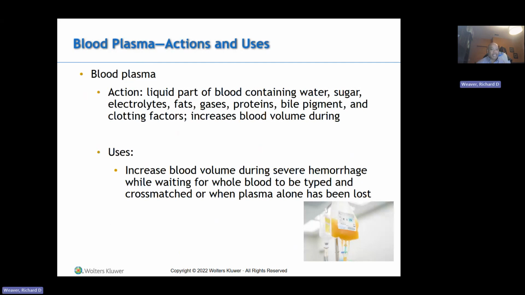Now, plasma administered IV is used to increase blood volume when severe hemorrhage has occurred. It is necessary partially to restore blood volume while waiting for the whole blood to be typed and cross-matched, or when plasma alone has been lost. That's something you might see in severe burns.